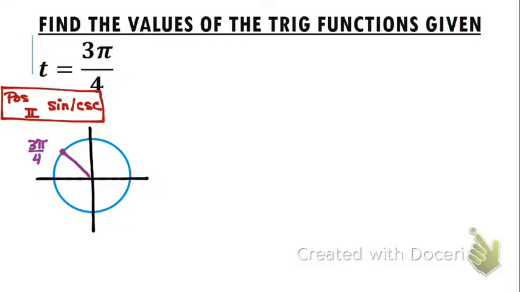What's the ordered pair that goes with 3 pi over 4? Negative what? Yes, negative square root of 2 over 2. And what's the y part of my ordered pair there? Square root of 2 over 2.